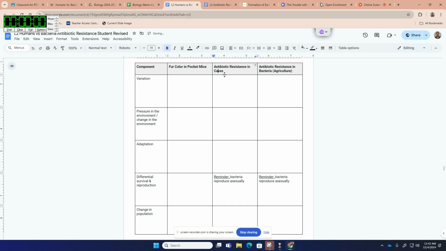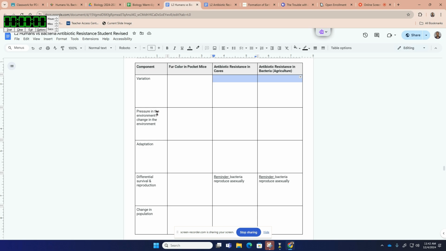In terms of the cave story, the variation was resistant and non-resistant bacteria. And then in terms of agriculture, it is also resistant and non-resistant bacteria. And that resistance refers to antibiotics specifically. Now we'll see that although these are the same traits, they evolve for slightly different reasons. And we'll see that.